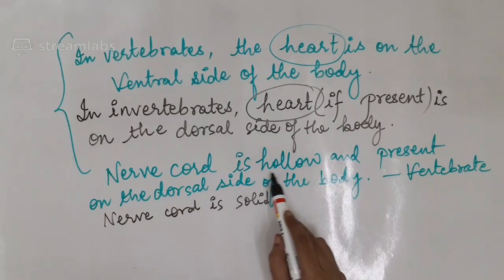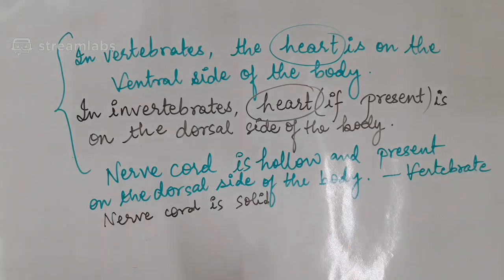बैकबोन में हॉलो स्पेस होता है जिसमें कि फ्लूइड है. दैट फ्लूइड इज कॉल्ड एज cerebrospinal fluid, which is present inside the vertebral column or the spinal cord.